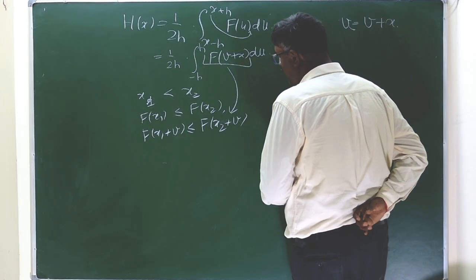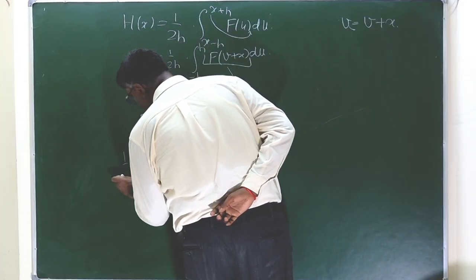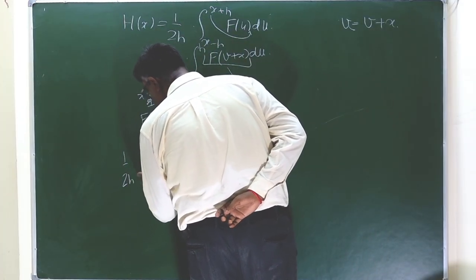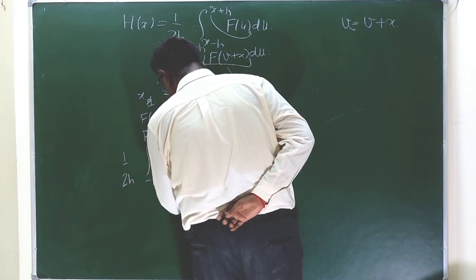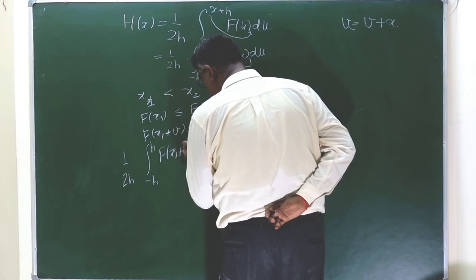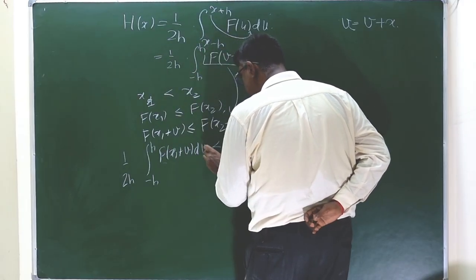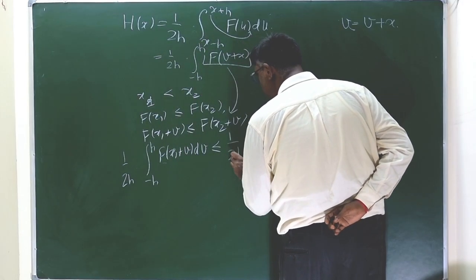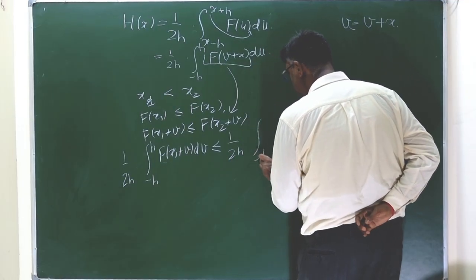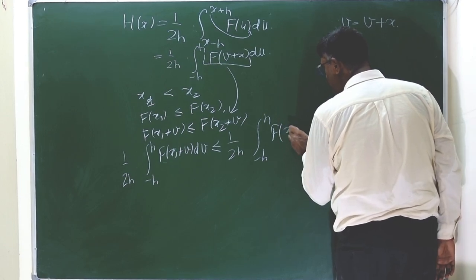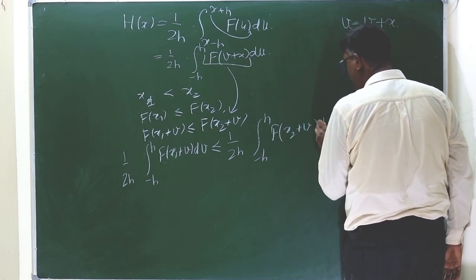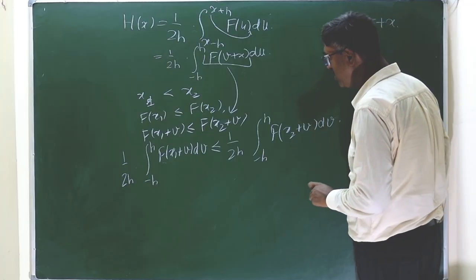Now I will integrate both sides, multiplying by 1 upon 2h, integral from minus h to plus h of f of x1 plus v dv is less than or equal to 1 upon 2h, integral from minus h to plus h of f of x2 plus v dv.